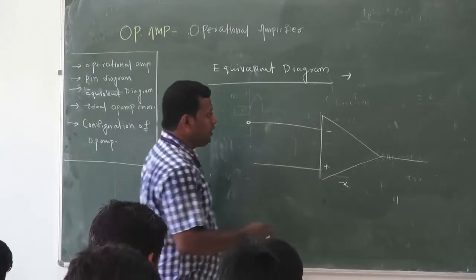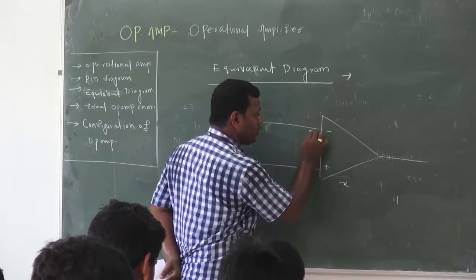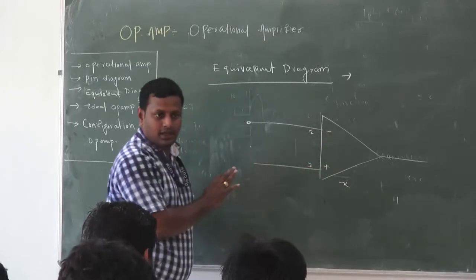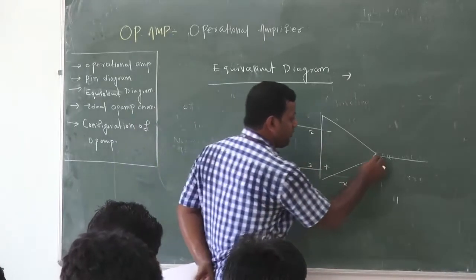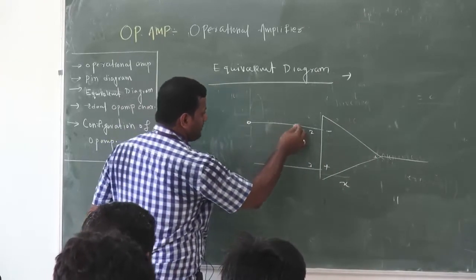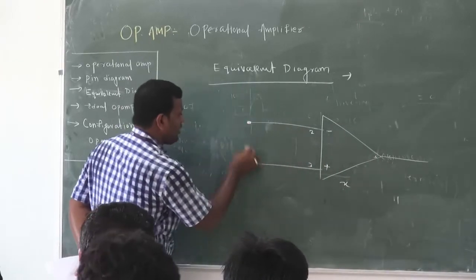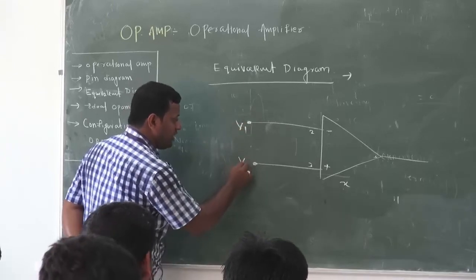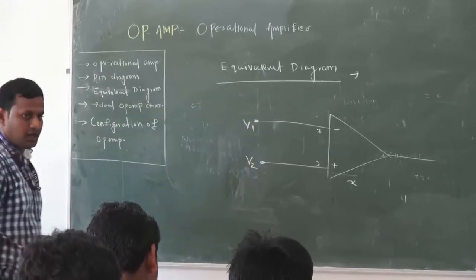This you already know. This is pin number 2, this is pin number 3, and this is pin number 6. The pin number is not that important. Here it is V1 and here it is V2, right?